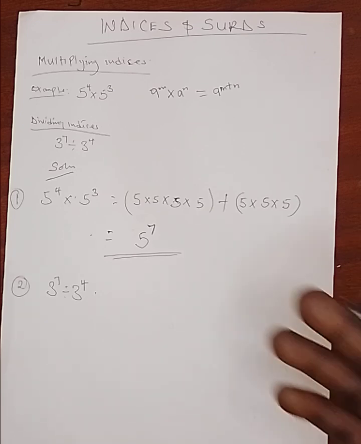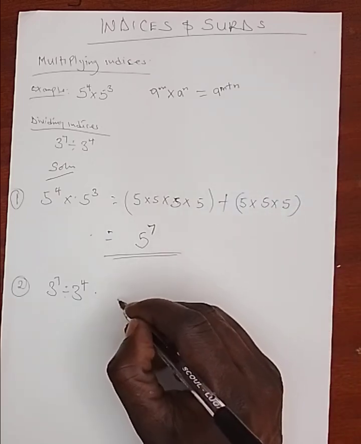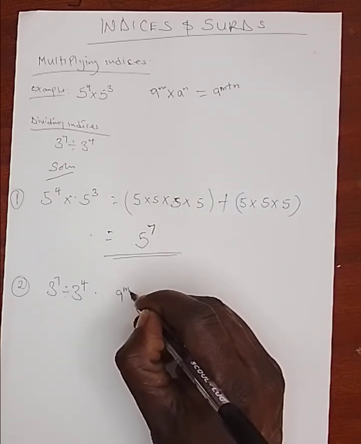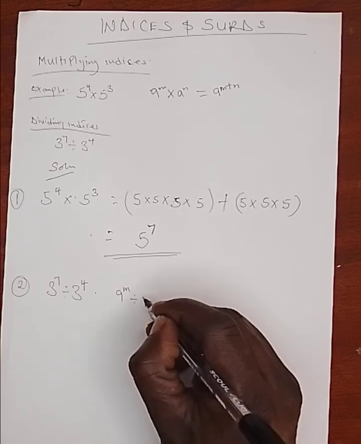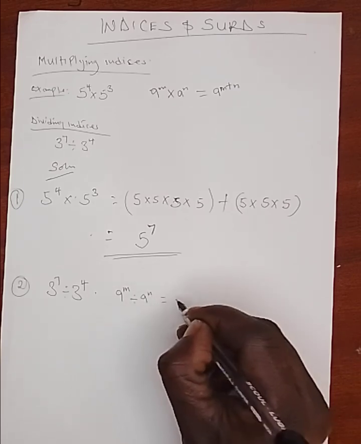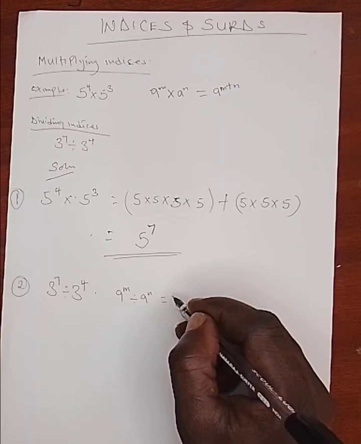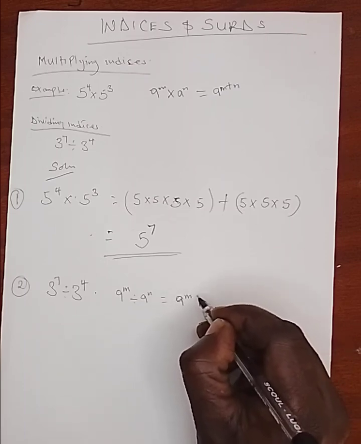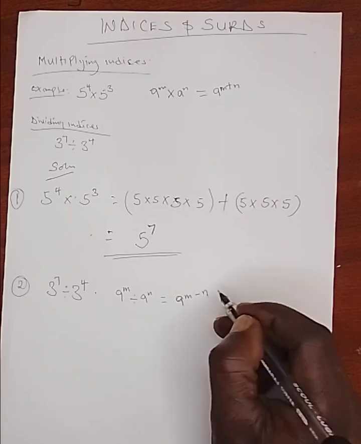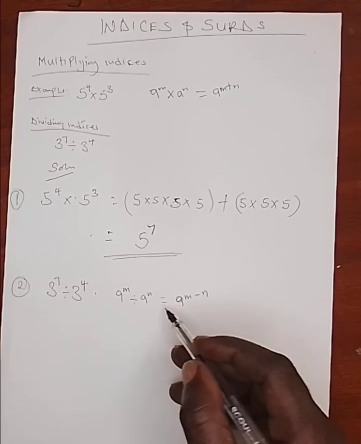So, for example, if you are given a power m divided by a power n, from this rule it is a power m minus n.